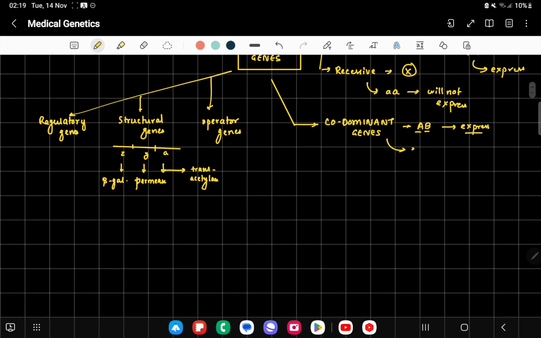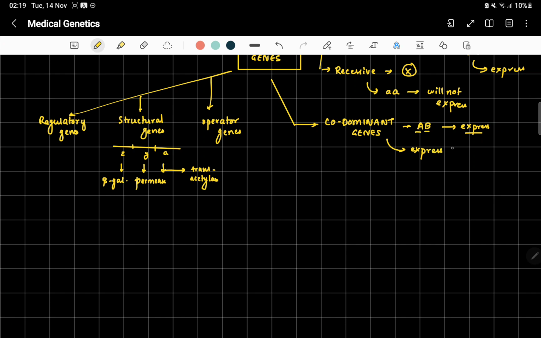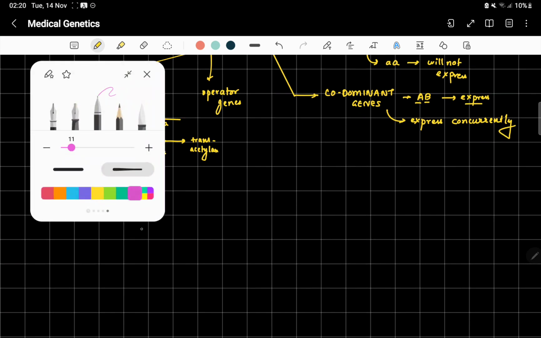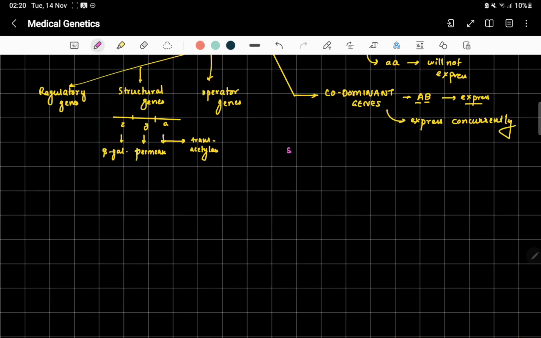So codominant genes express concurrently. Understood? Then some are called sex linked genes and some are sex limited genes.